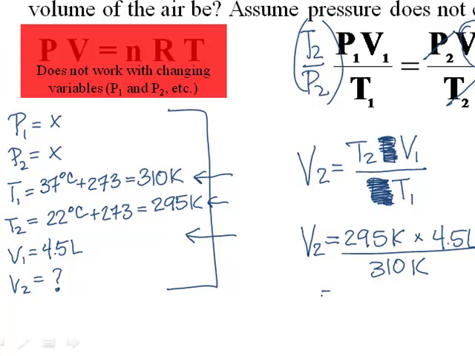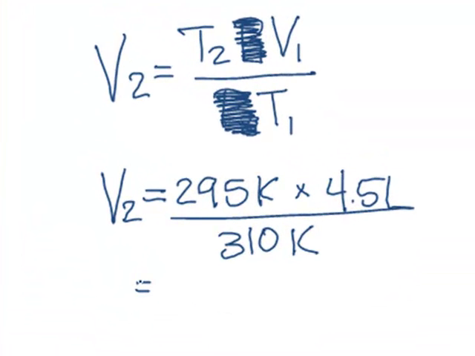By having that information written out already, I'm less likely to plug a number into the wrong place. So I take 295 times 4.5 and I divide it by 310. And my answer with sig figs is that my V2 is 4.3 liters. So not surprisingly, when I exhale 4.5 liters into a cooler room, it condenses to about 4.3 liters. This is how you use the combined gas law.